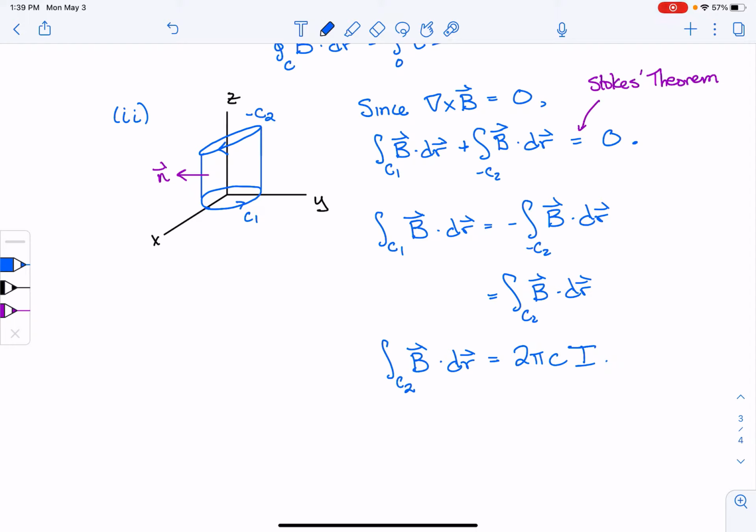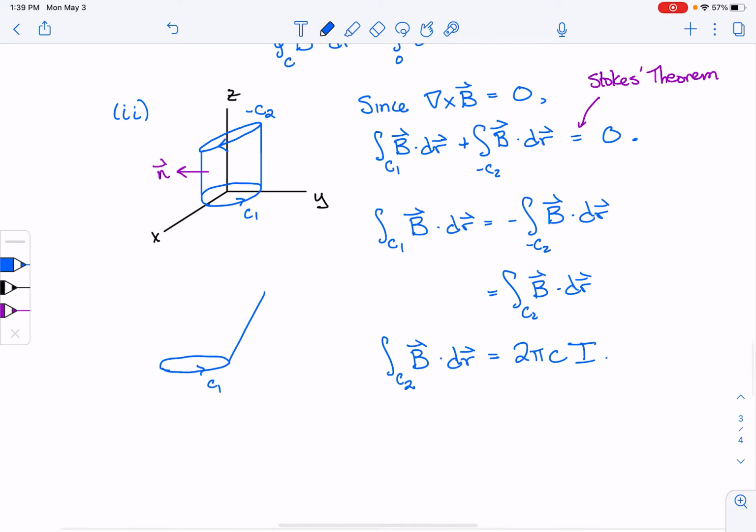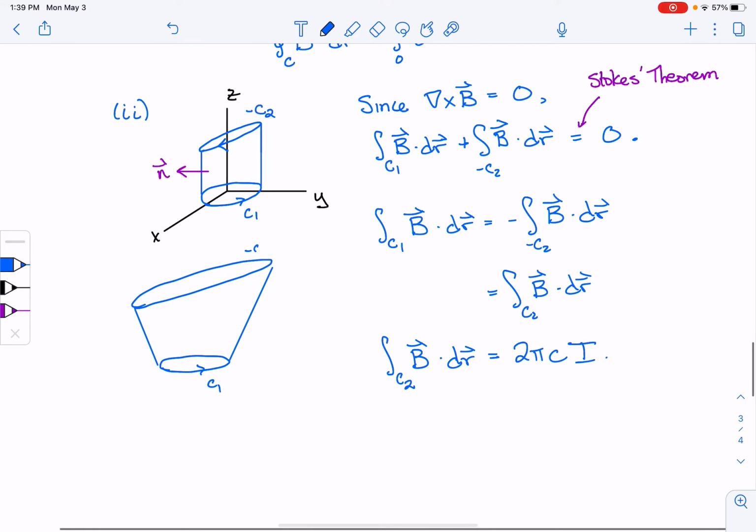And it's cool because then you can say things like, if you know the integral around the base here, then I could actually expand this, make it a larger loop, and the integral around C2 would be the same. And that's all due to Stokes' theorem.